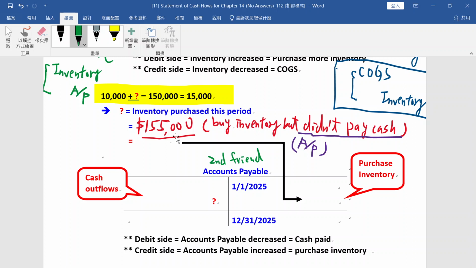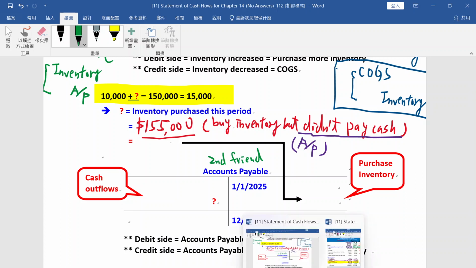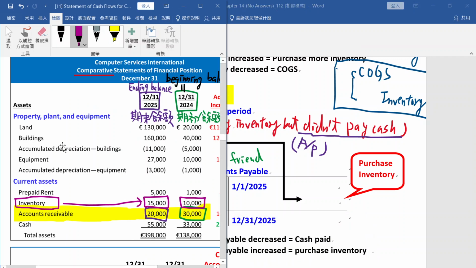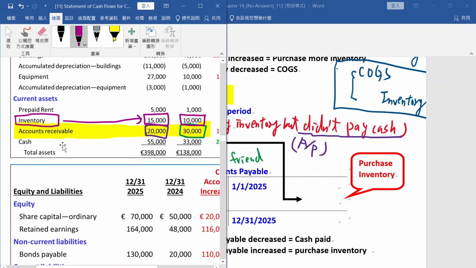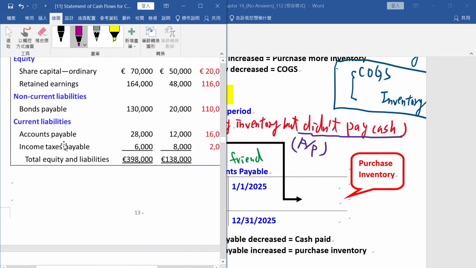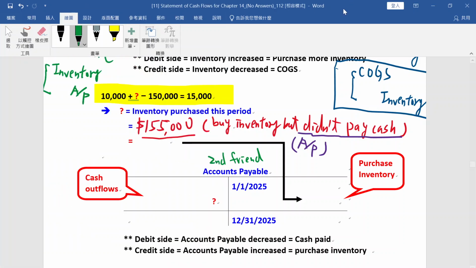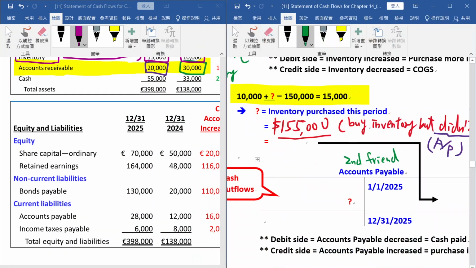We need to know beginning number, ending number from where? From your balance sheet, right? So please go to your page 13 again. Page 13. Here told you accounts payable, right? So where? Here. Accounts payable.